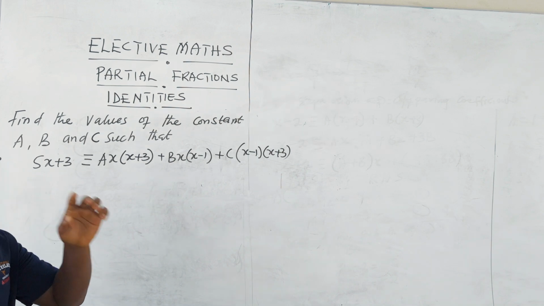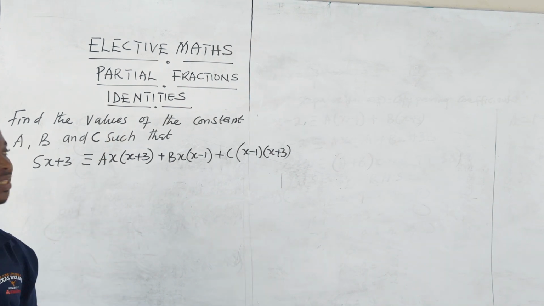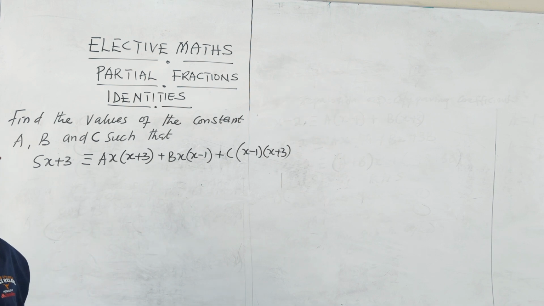And this is our question. So you can choose any of the methods. This one I'll use the cover-up method. If you want to try the expansion method too, you can try it in your various rooms.